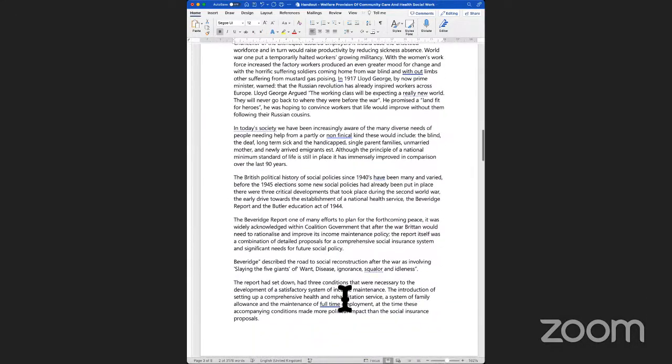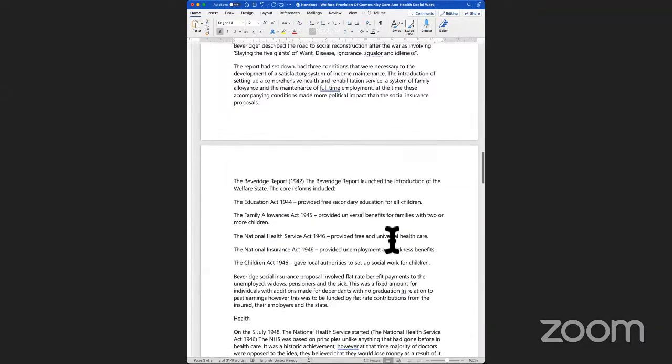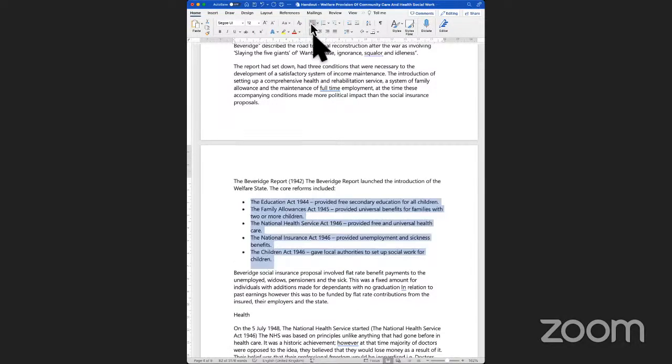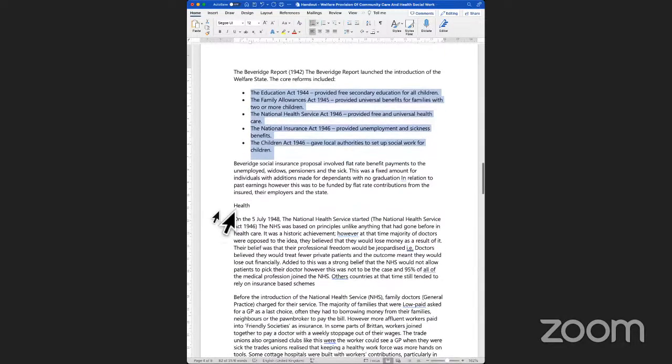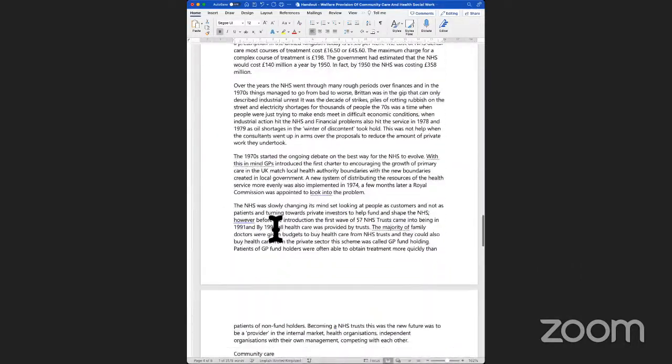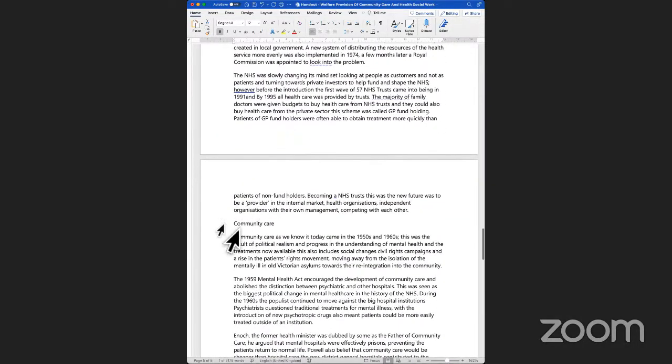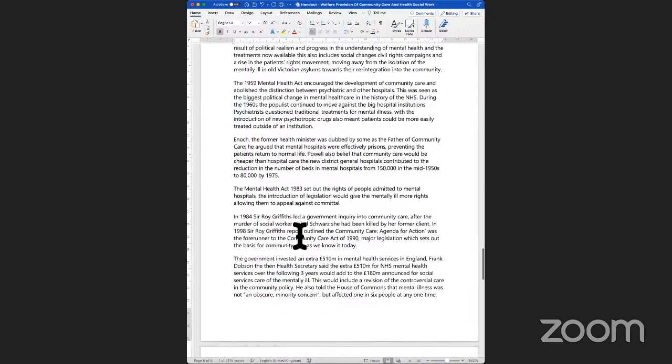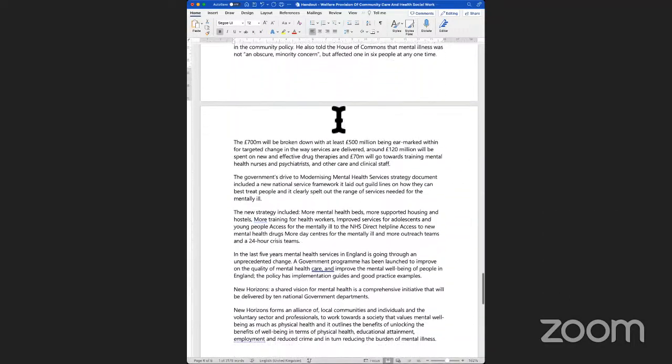And this report gives you the history of how the timeline came about when we talk about the provision being started by the government. Some part of it is what I have included in the presentation that you are going to see, which covers both health and community care and how it was introduced.